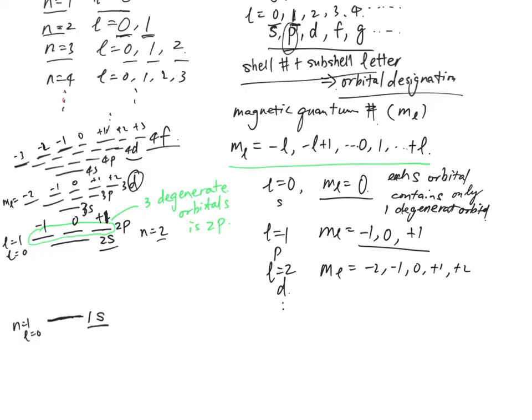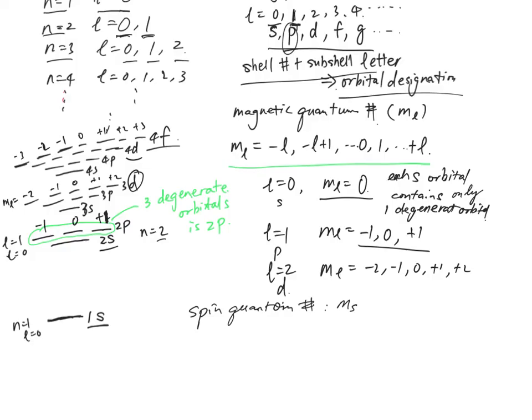Okay, and we call it the spin quantum number, MS. Is the spin quantum number then limited by the ML value, like ML is limited by L, like L is limited by N?